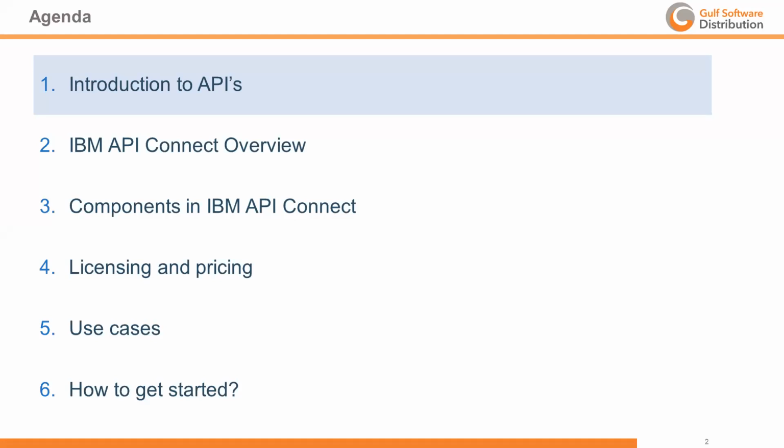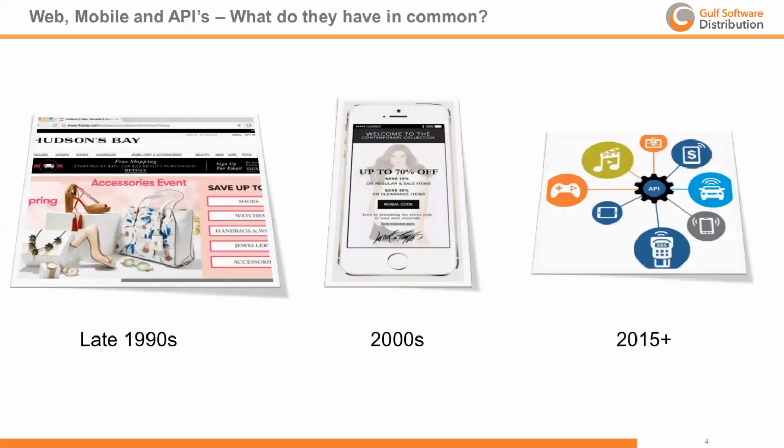The different components within IBM API Connect, and then I will briefly touch upon the licensing and pricing, followed by use cases, which can be very specific to any industry, and how should your customers get started with an API management initiative. Meanwhile, if you have any doubts, please feel free to stop me anytime during the presentation. I will be able to address your queries then and there.